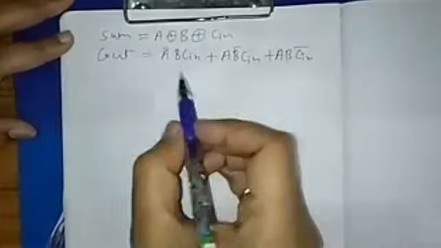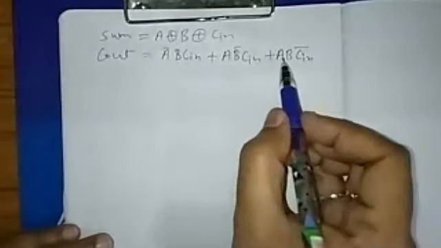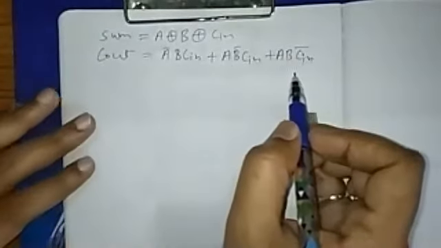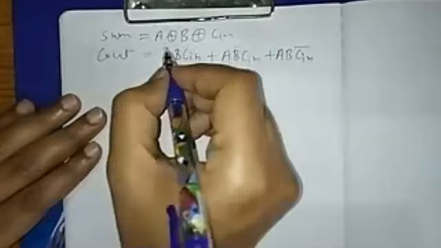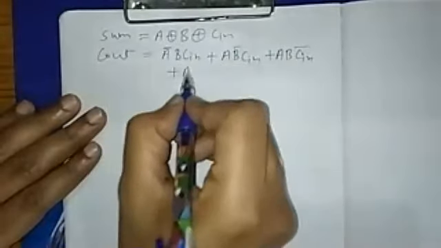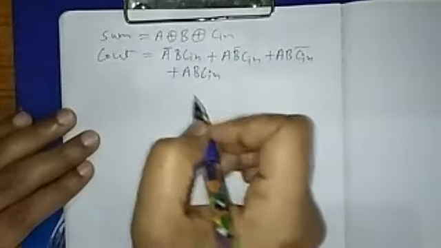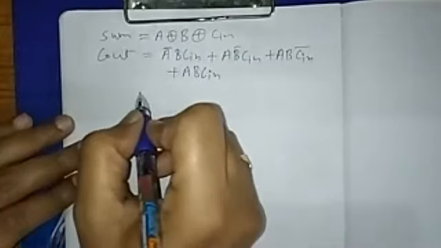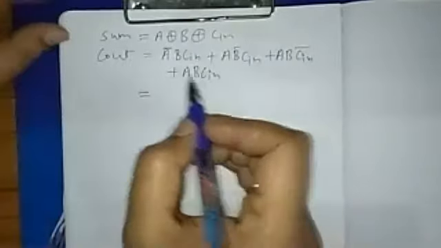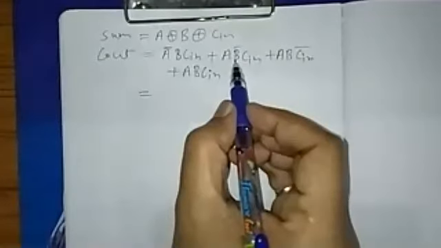This is how I am remembering: if any two inputs are 1, C out is 1, or if all 3 inputs are 1, in that case also I will get the carry, A B Cn.